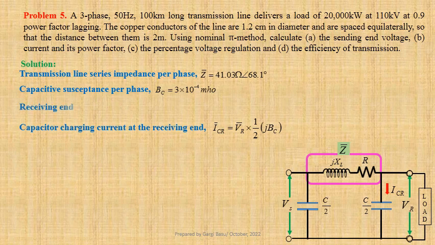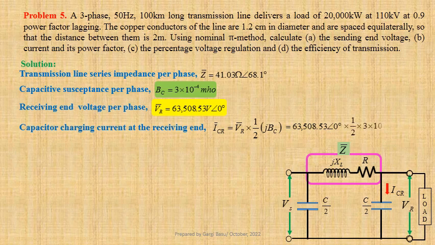Taking receiving end voltage per phase as reference, we can write VR equals 63,508.53 volt at an angle 0 degree. Therefore, ICR equals 63,508.53 at an angle 0 degree into half of 3 into 10 to the power minus 4 at an angle 90 degree.